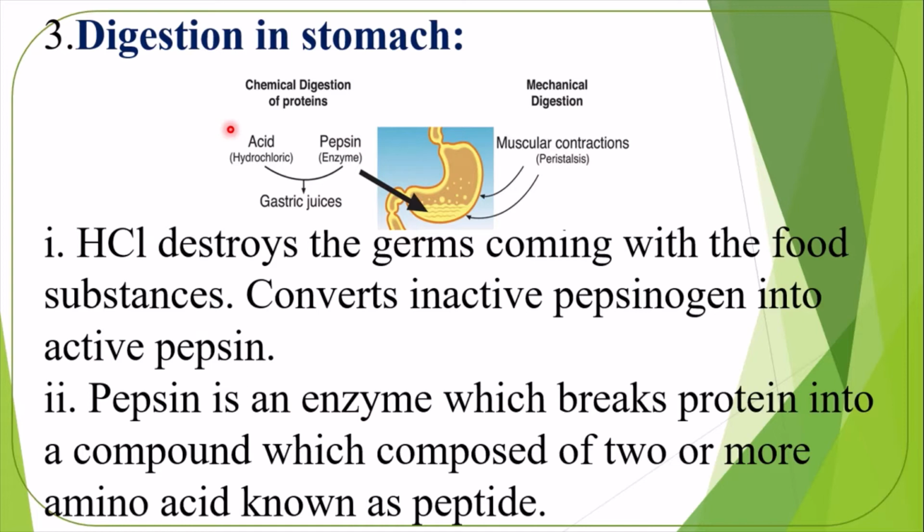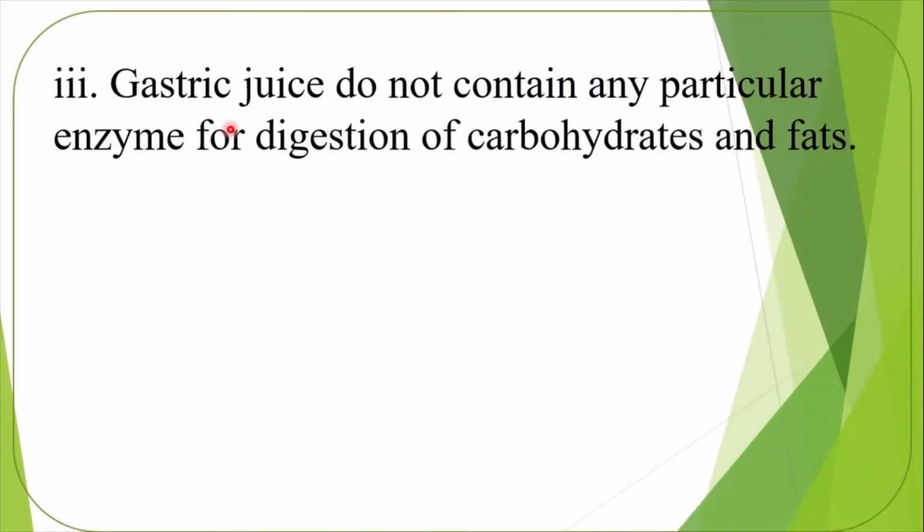What is peptide? Peptide is nothing but a combination of two or more amino acids. Gastric juice doesn't contain any particular enzyme for digestion of carbohydrates and fat.